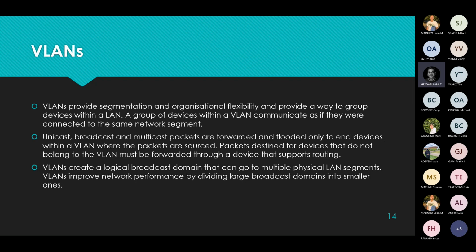So what happens if I want to reach one VLAN from another? It's as if you are going to reach one LAN from another LAN. And what is the device that separates LANs from each other? Router.